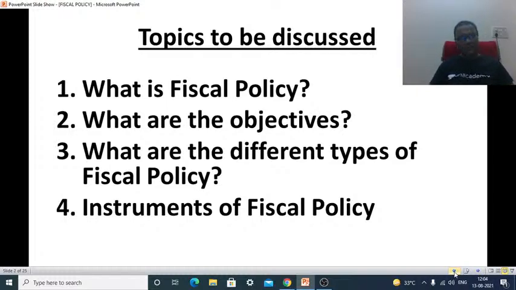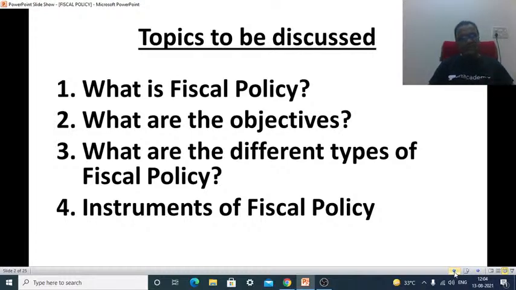Then, proceeding further, how these objectives are achieved and what are the different types of fiscal policy, this is what we have to look at. Normally, we say that there are two different types of fiscal policy. What are they? Expansionary fiscal policy and contractionary fiscal policy.